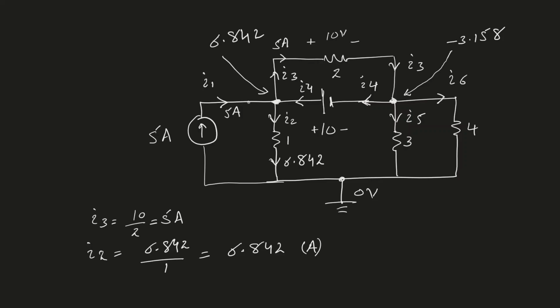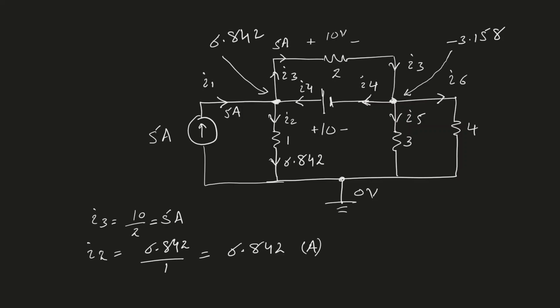Now I1 and I3 completely cancel each other because 5 ampere coming in, 5 ampere going out. So net current going in or out is now 0. I2 is 6.842 going out. So this means 6.842 amperes are going out of node 1, which will enforce us to say that I4 must be equal to 6.842, so that the amount of current coming into the node is equal to the amount of current going out of the node.